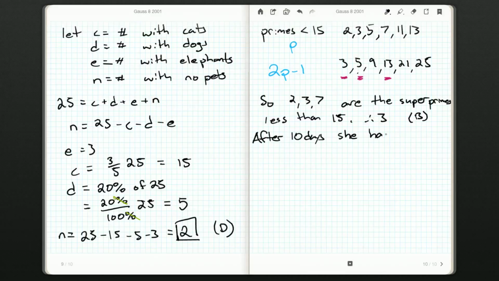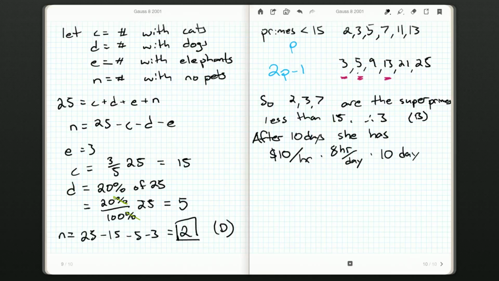So after 10 days she gets $10 an hour, so $10 per hour, and she works 8 hours per day, and she works for 10 days.